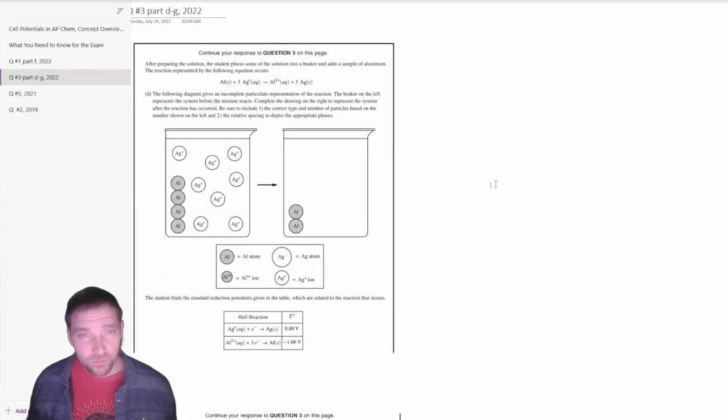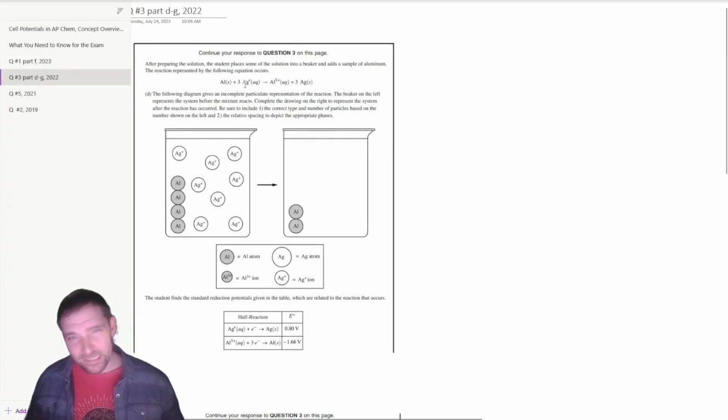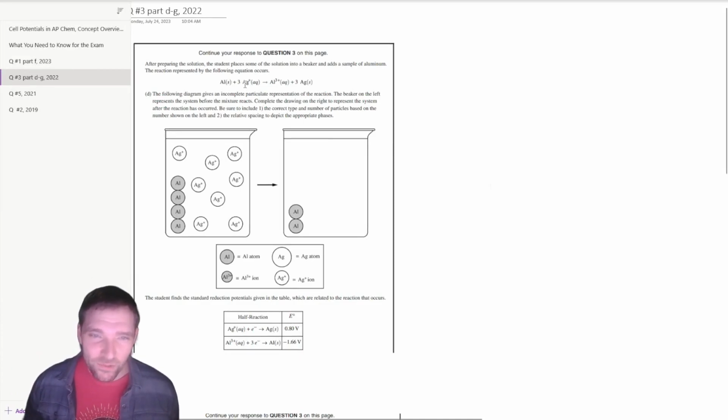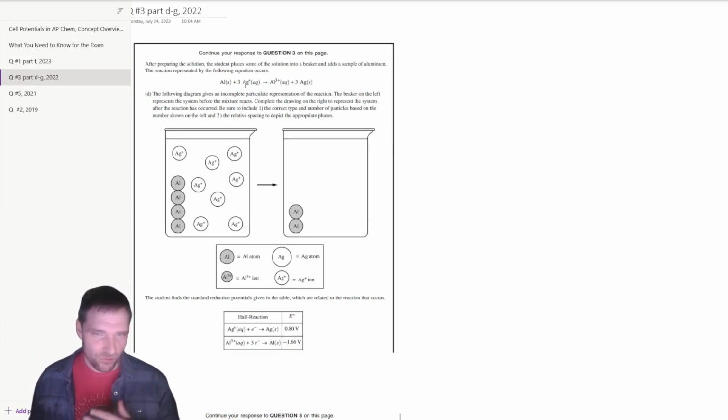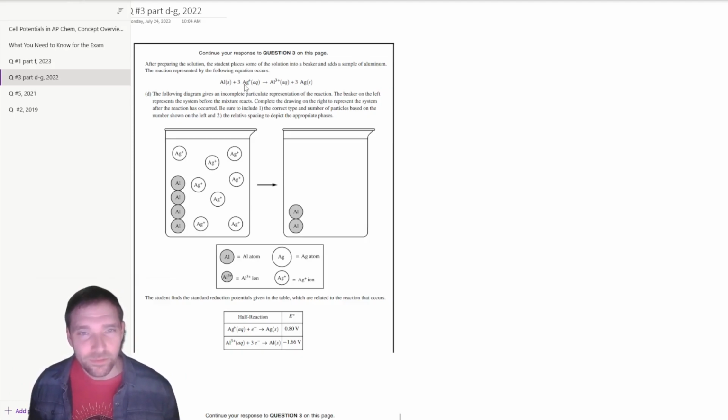So this question is from 2022, and it's kind of a cell potential thing. It doesn't really look like a battery that you're used to thinking about, like there's no salt bridge or whatnot, but we do have a reaction here, and we do have the half reactions corresponding to what we've got going on up above. The nice thing is they've even shown you that there's less aluminum.